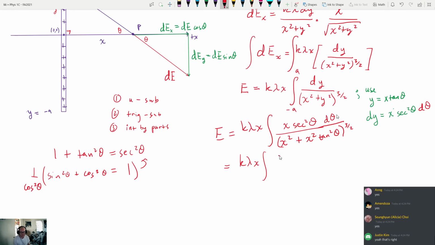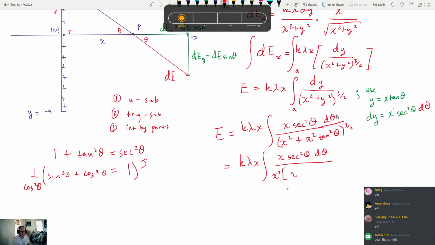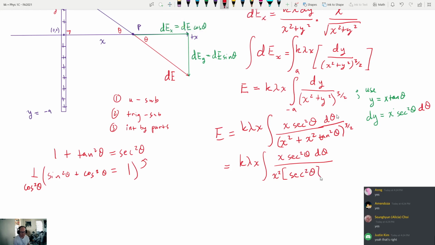So that means that we basically have x secant squared theta d theta in the numerator, but the bottom is actually x squared times secant squared theta, and then all of that is raised to the 3/2 power, basically replacing x squared plus x squared tan squared theta with x squared times secant squared theta.